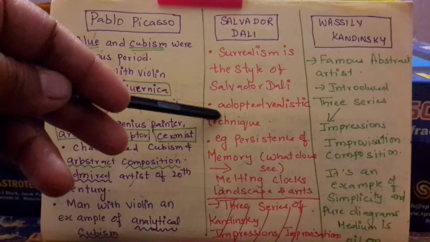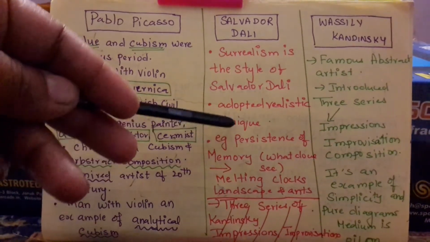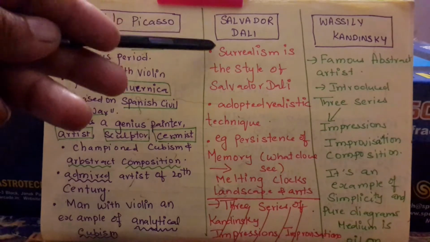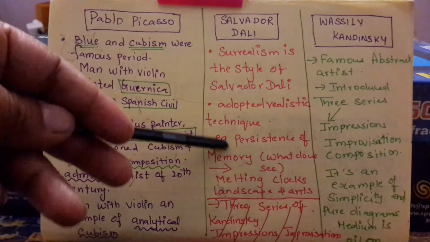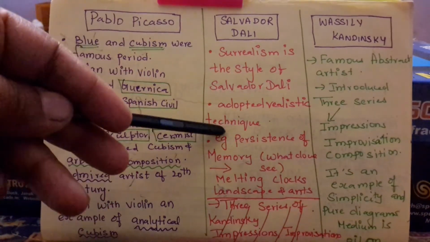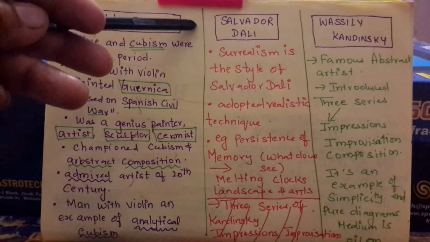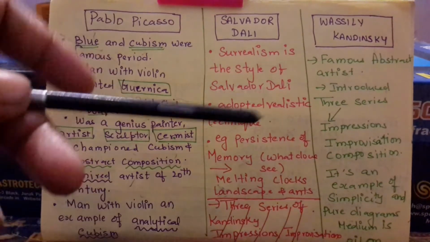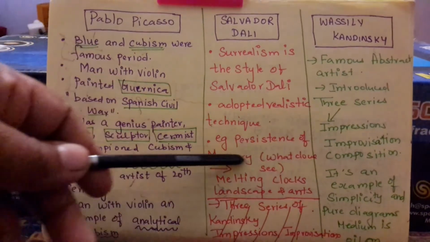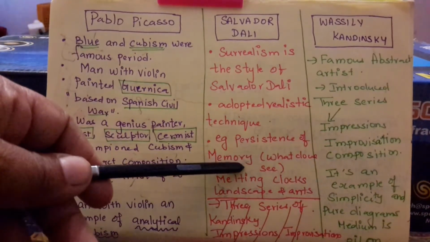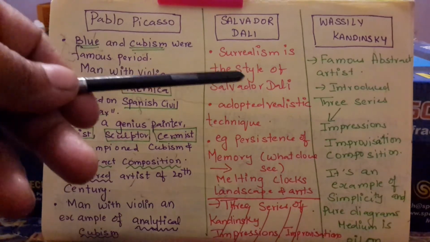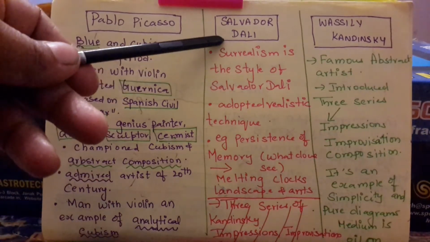Basically he adopted the realistic technique. So what technique did he adopt? Being a surrealist artist, he adopted the realistic technique in his painting. And an example of the artwork of Salvador Dali is Persistence of Memory. So Persistence of Memory was one of the artworks of the surrealist painter Salvador Dali.